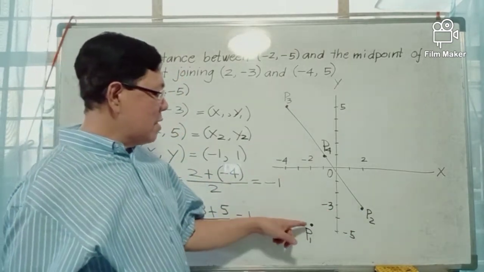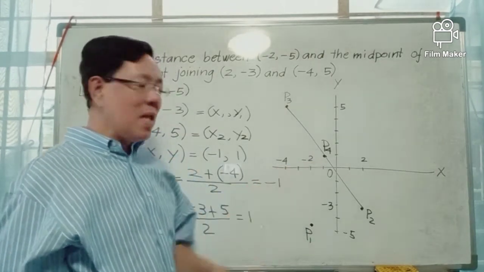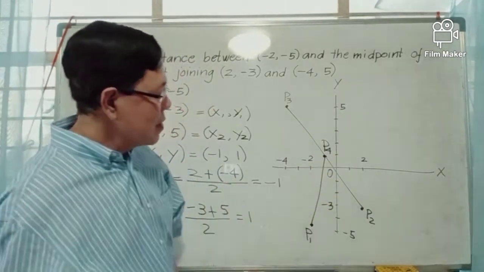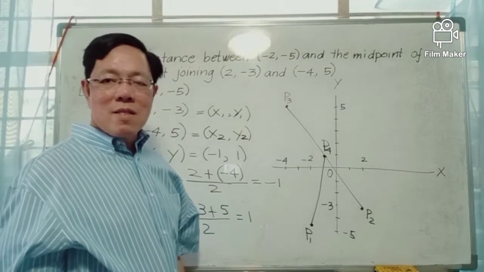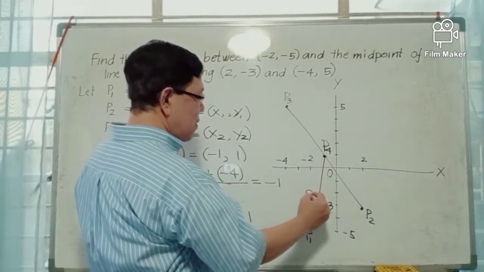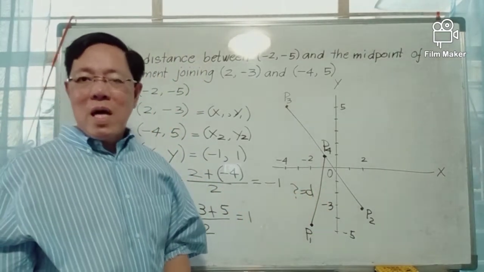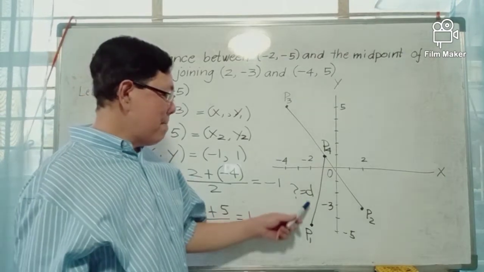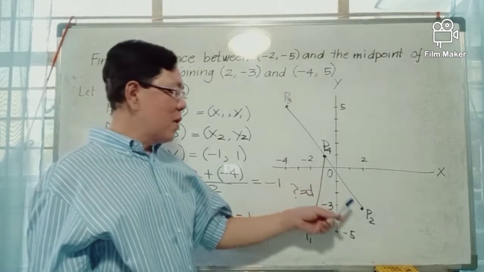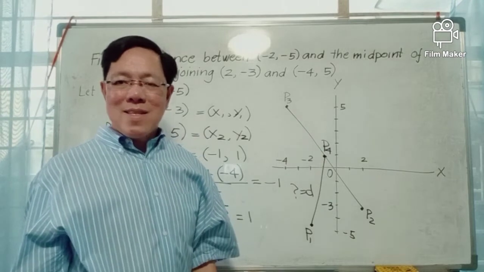Now we find the distance between P1 and the midpoint P4 of the line segment. We construct this line, and we denote the distance between P1 and the midpoint P4 by small d. And we will now find the distance d between the point P1 and the midpoint P4 of the line segment through P2 and P3 by the distance formula.